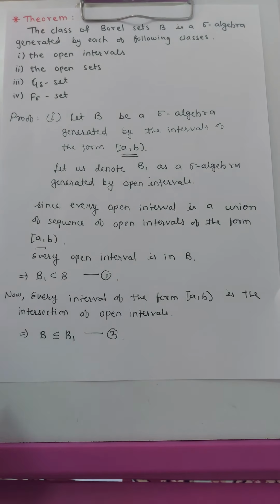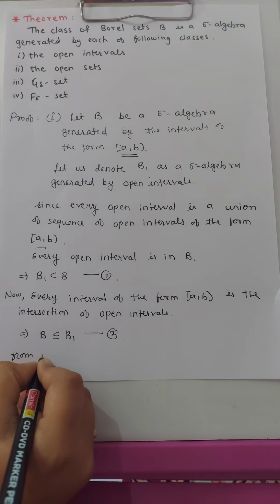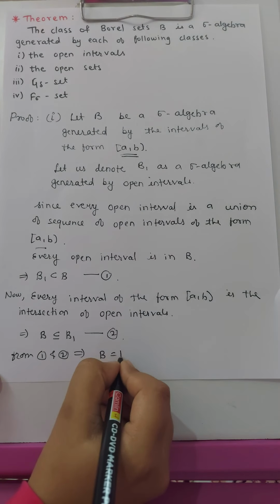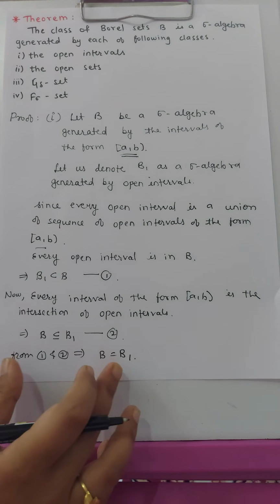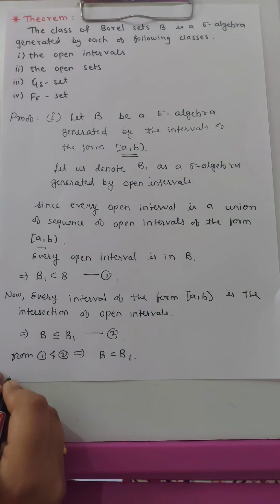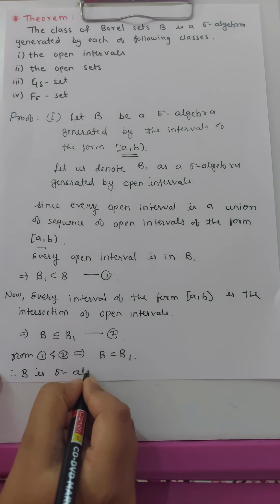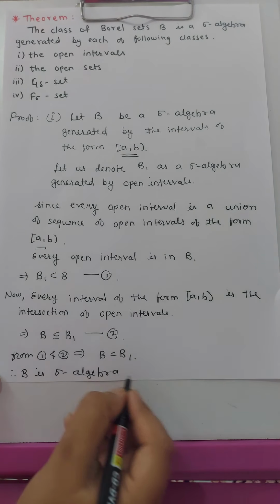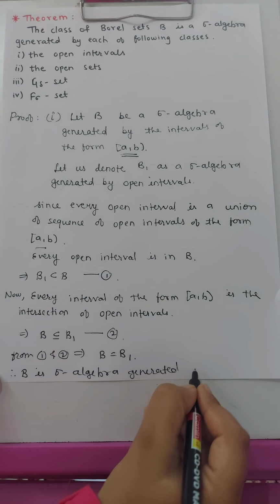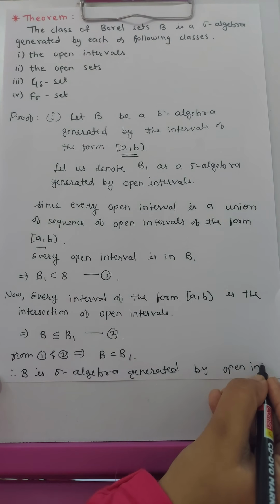Let it be number 2. Now from 1 and 2 it implies that B is equal to B1, that is B is a sigma algebra generated by open intervals. Therefore B is the sigma algebra generated by open intervals.